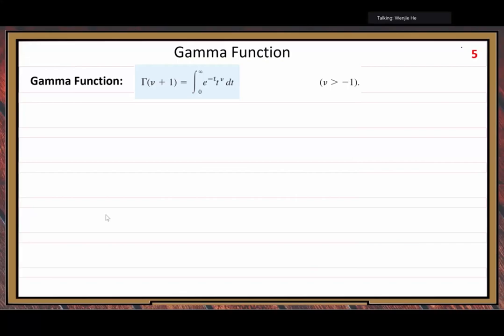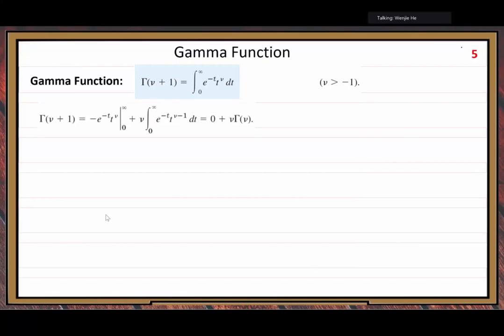Too complicated. So people just use this integral form and a special symbol, gamma, to represent the function.